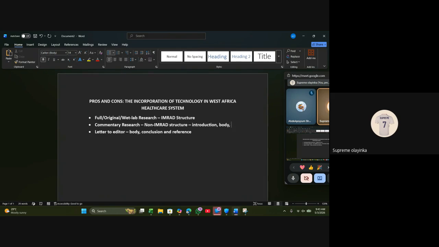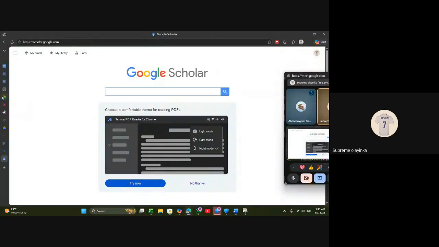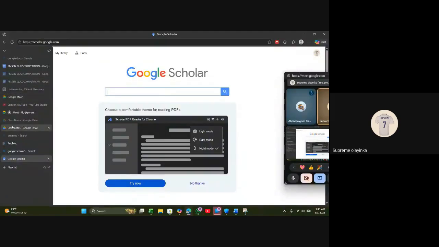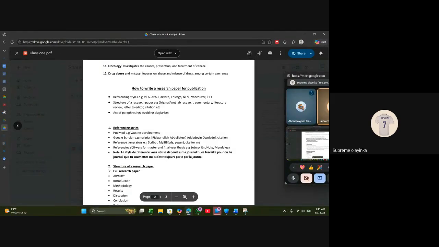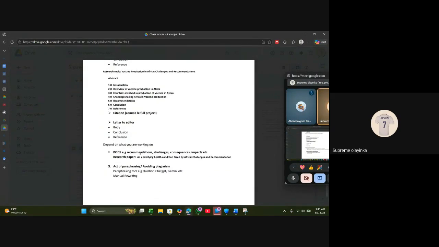Like I said, body can contain, if you look at this slide, you can see, recommendation, it can contain challenges, consequences, impacts, and so on.